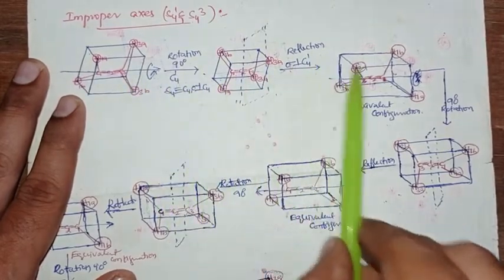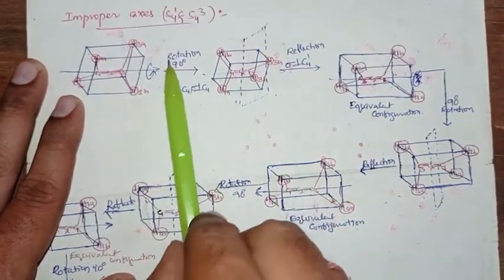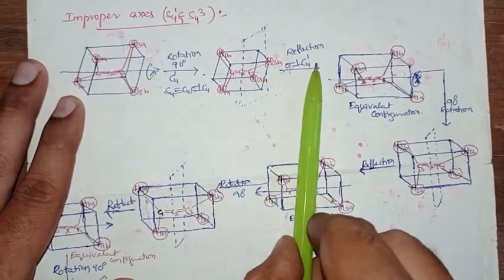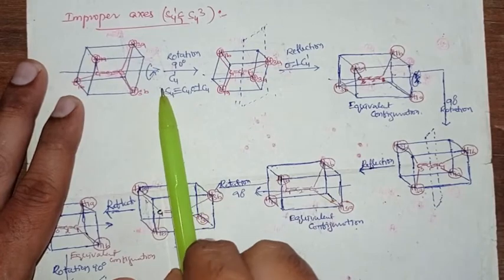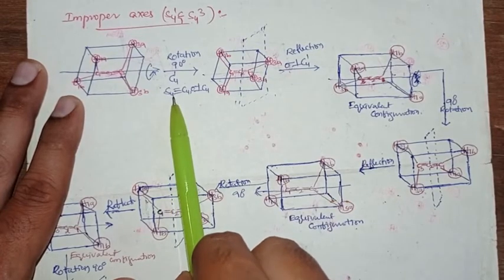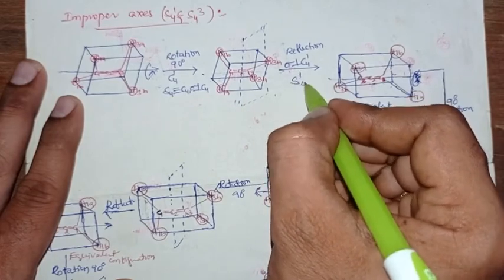So rotation followed by reflection generates an equivalent configuration: this 90 degree rotation followed by reflection perpendicular to the rotational axis is known as the fourfold improper axis, S4. So this is S41.